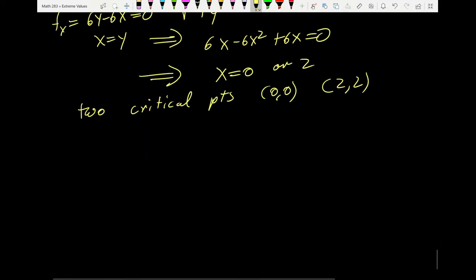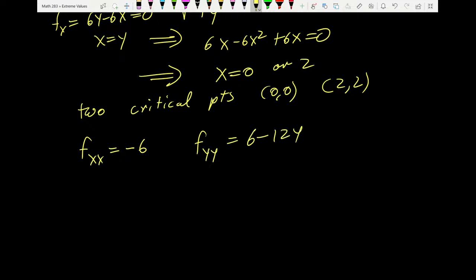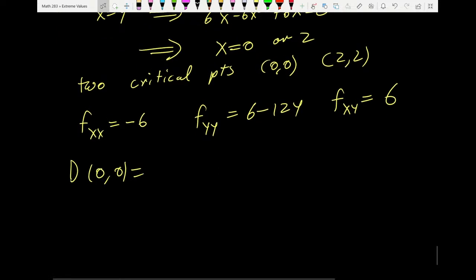All right, let's check it. f sub xx is, what is it? Negative 6. f sub yy is what? 6 minus 12y. f sub xy is what in this case? 6. So what's D of 0, 0? It's minus that.